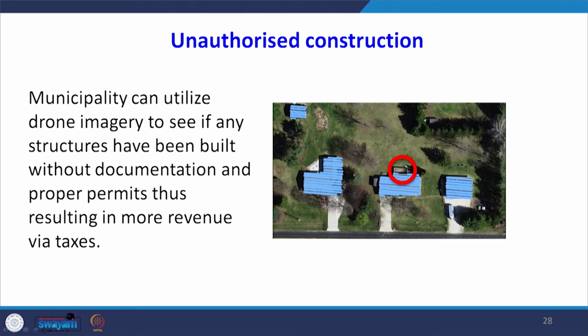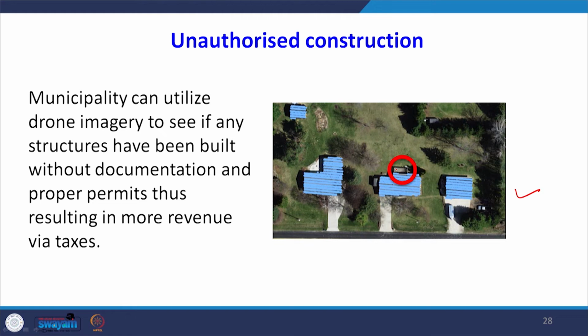But this image, for example, is showing, the circle is showing that there is an unauthorized construction. The authorized one is shown by the blue color here, and the unauthorized construction is shown as the extension of the blue color.